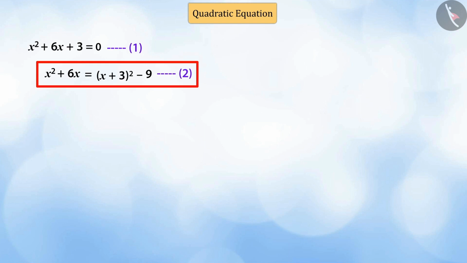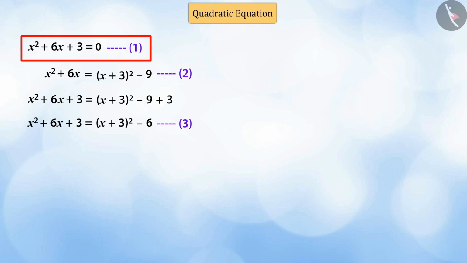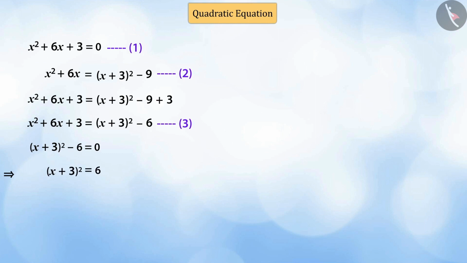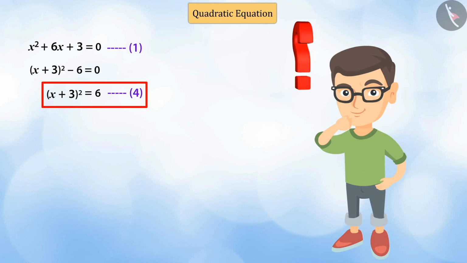Hence, we add 3 to both sides of equation 2, and in this way, the given equation can be written as a complete square: x plus 3 the whole square minus 6 equals 0. Can you now find the value of x by solving equation 4?